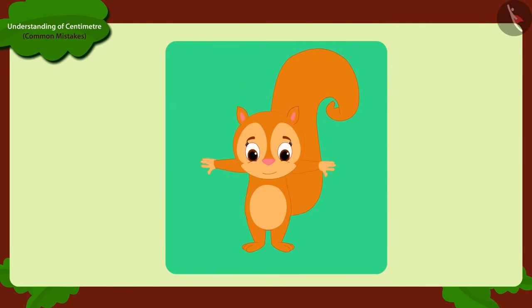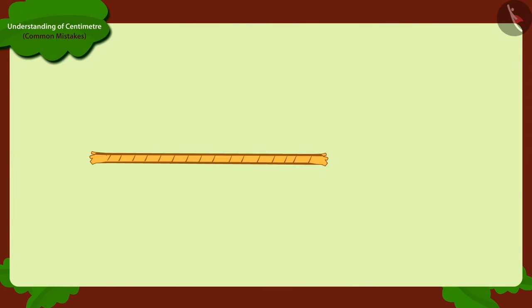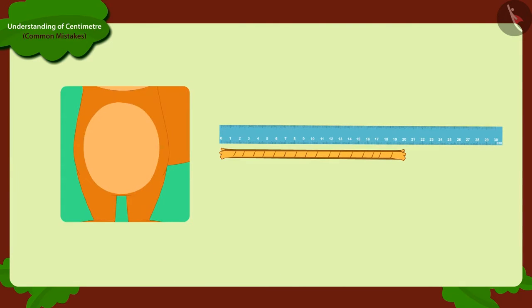Suppose we have to measure the waist of Chanda. So we will first measure her waist with a rope. Then we will put that rope next to the ruler. What is the measurement of this rope?